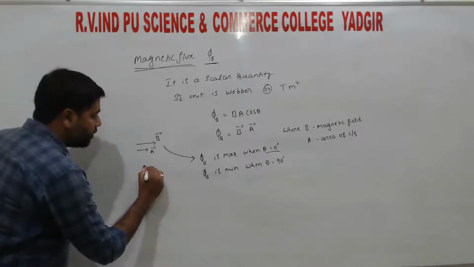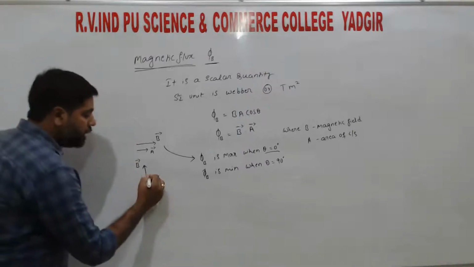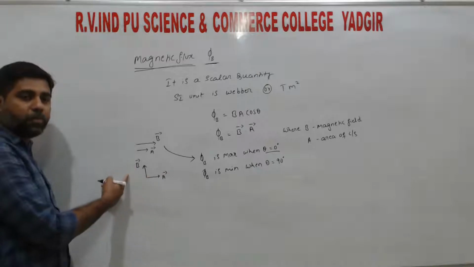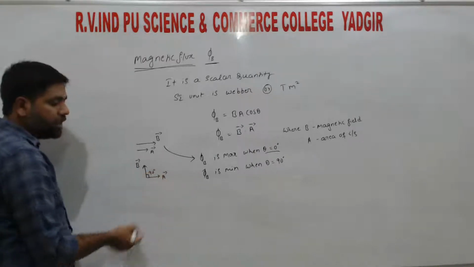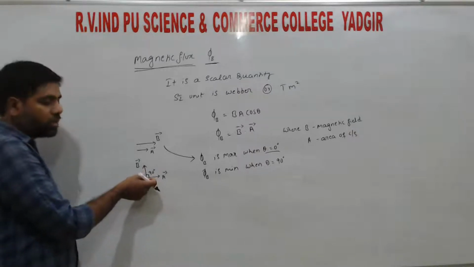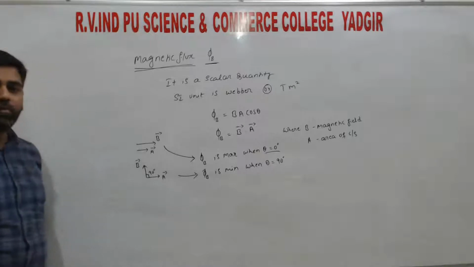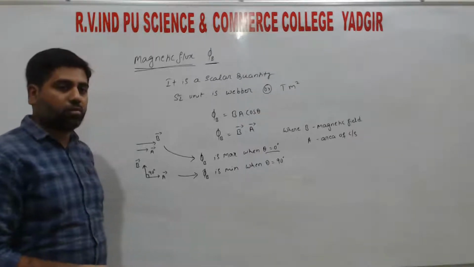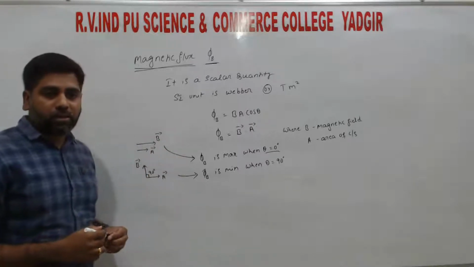When the magnetic field is perpendicular to the area element, that is, the angle between the two vectors is 90 degree, then phi B, that is the flux, is minimum, and that value is equal to 0, right? So this is about the magnetic flux, right?